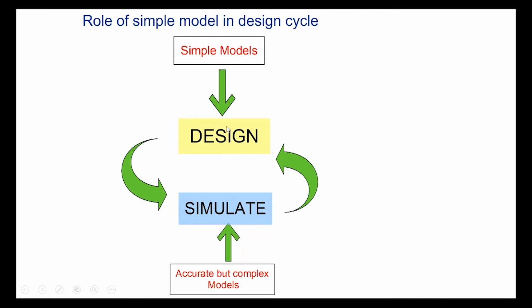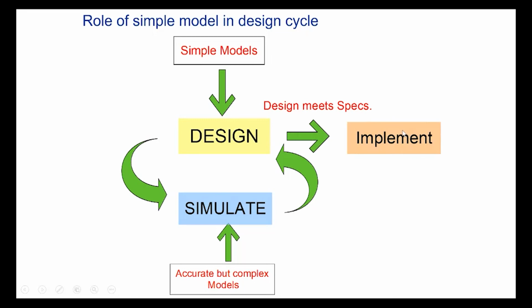If we are not happy, again, we try to fine-tune the design. So note that a coarse design is obtained by using simple models, and a finer design is obtained through this kind of an iteration, through some design modification, then simulation, and then design modification. Once you're happy with this, then of course you can take your design and finally implement it.